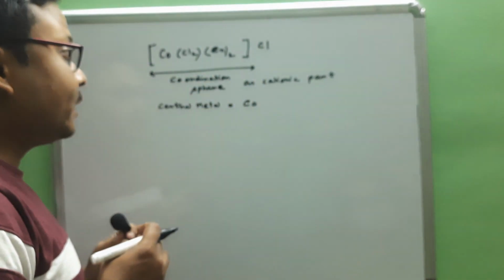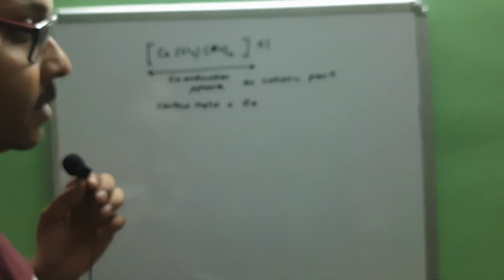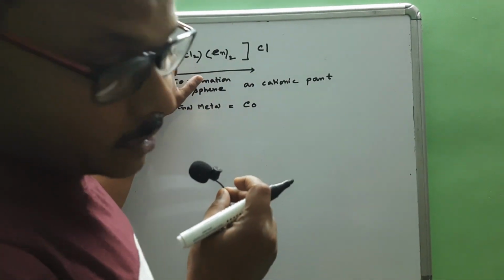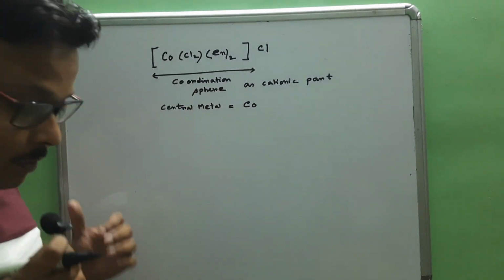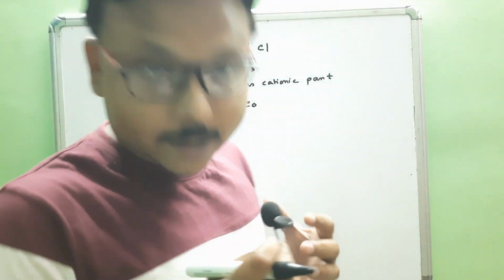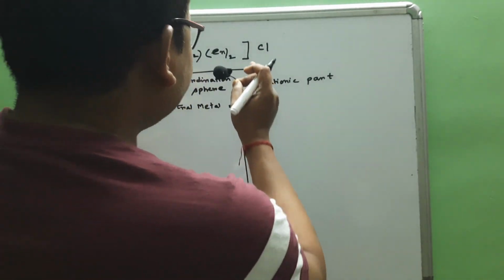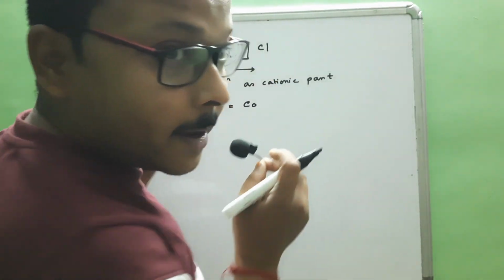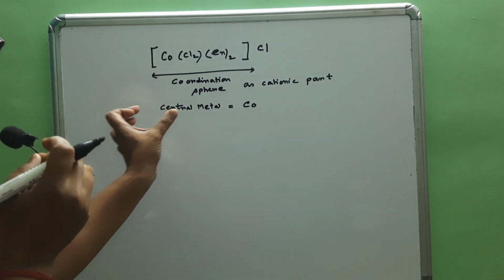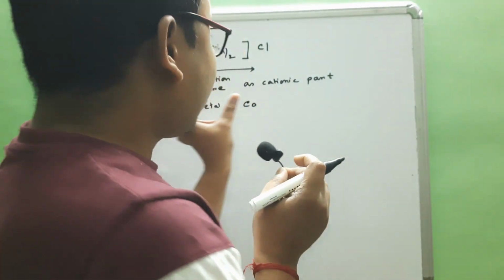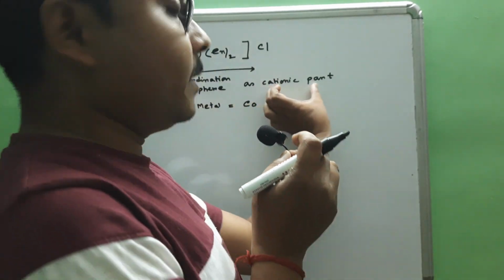To calculate the total charge of the coordination part, we have to calculate the oxidation state of the central metal and the charge on the individual ligands. The coordination part acts as the cationic part.